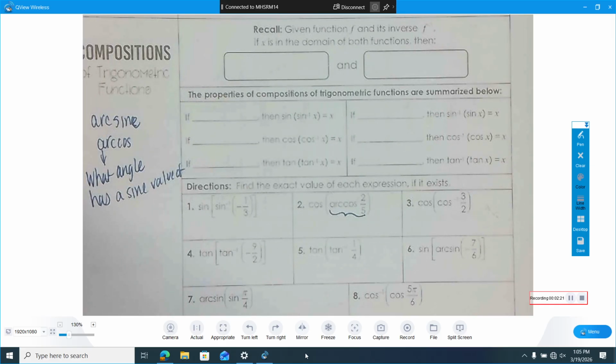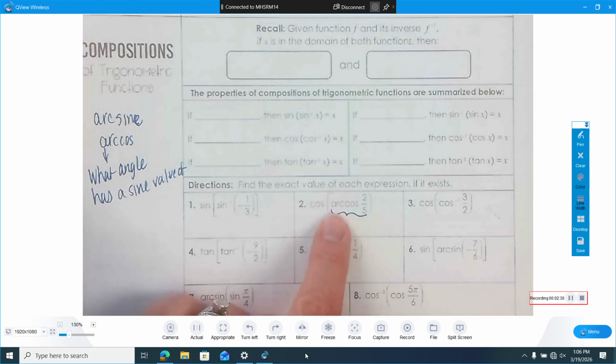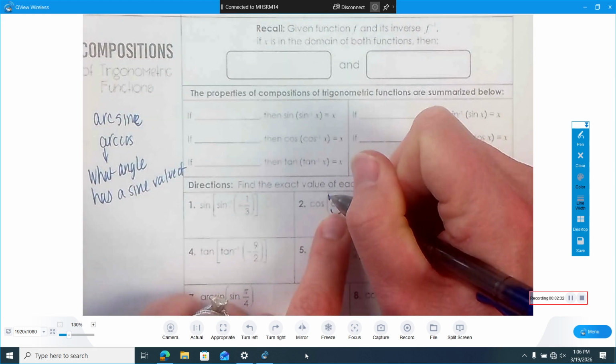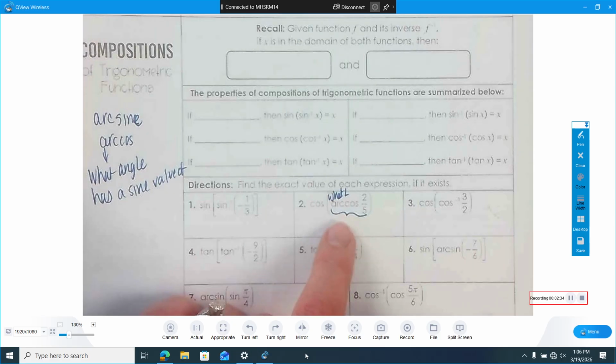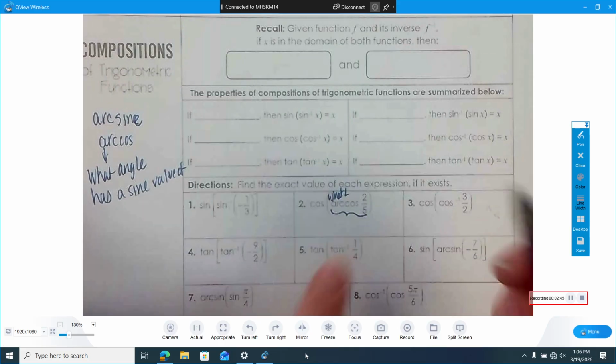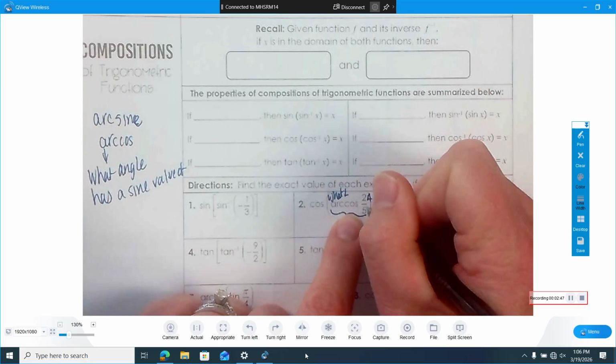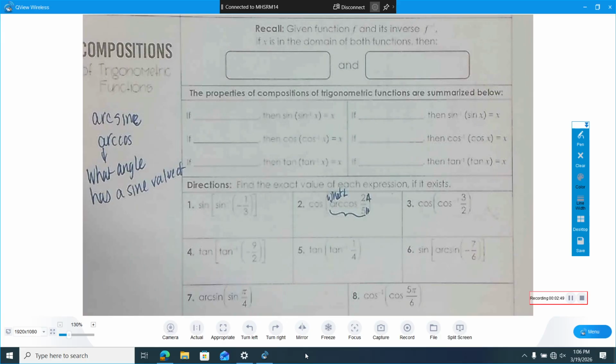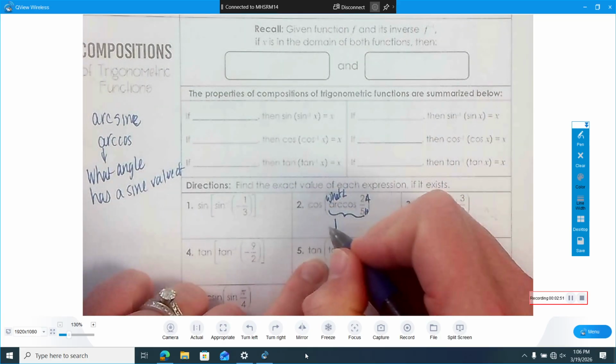And I can draw a picture. Anytime you have an arc function, arc sine, arc cosine, we can actually draw it. This says what angle has a cosine ratio of 2/5. If you remember SOHCAHTOA, the cosine ratio was adjacent over hypotenuse. You remember that? So I can just draw a little picture.